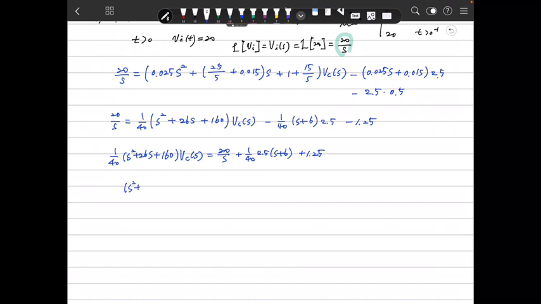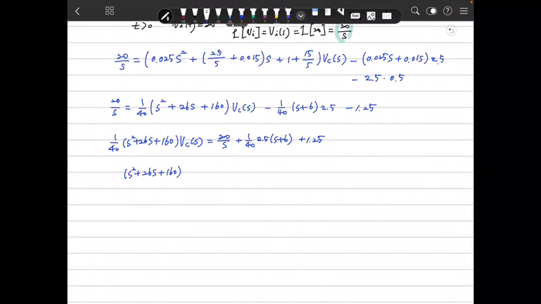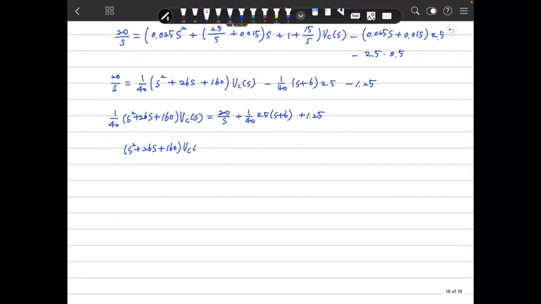So s squared plus 26s plus 160 VCS equals 800 over s plus 2.5 s plus 65.